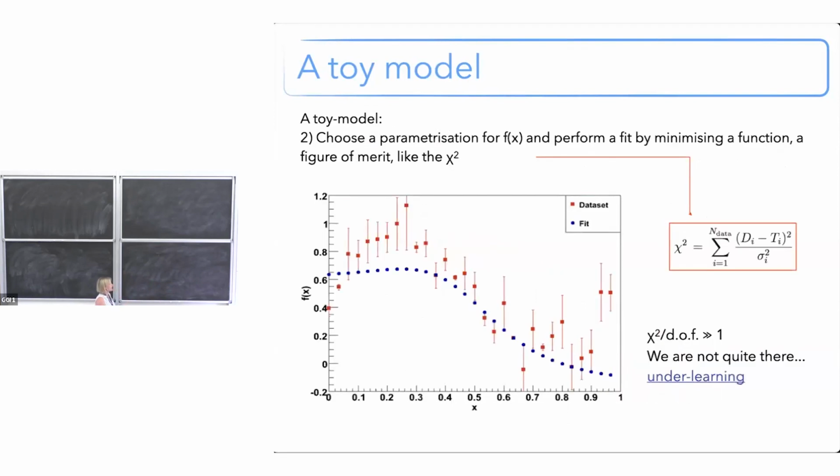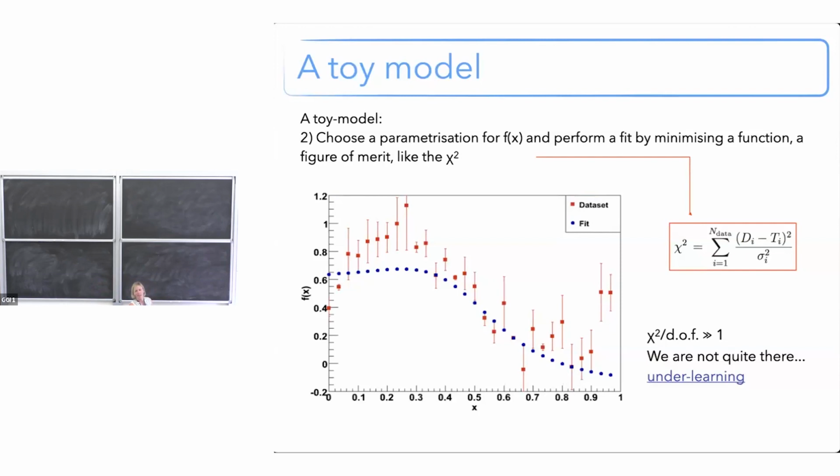So very good. First of all, you have to choose a figure of merit. You have to choose a kind of parameterization for f of x. In this case, I chose a polynomial, okay? So you can add several degrees to a polynomial, and you want to perform a fit by minimizing a function, which we call a figure of merit, whenever you have to find the minimum, which we can define like the chi-square.